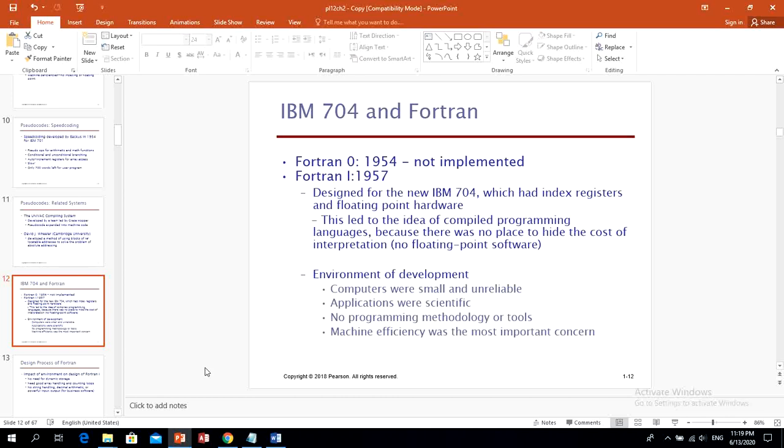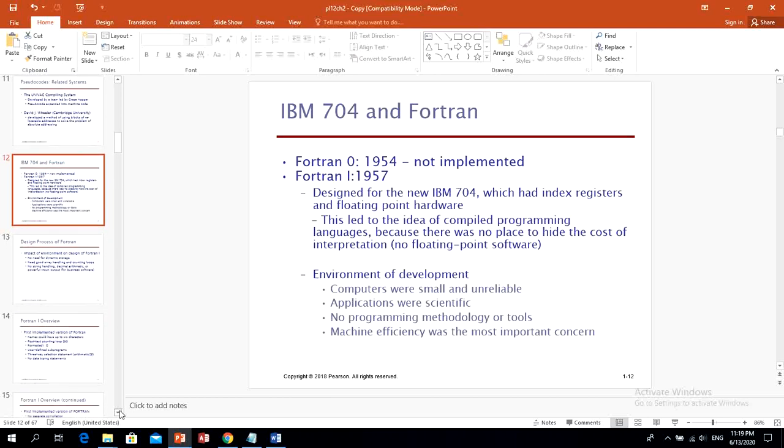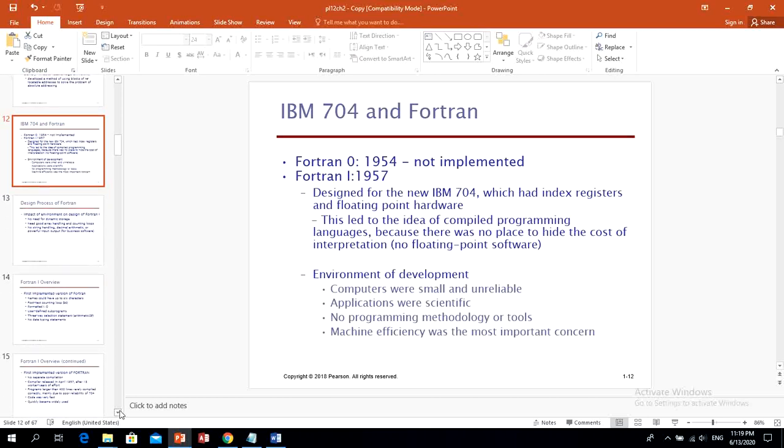Not like now, where people don't really focus on machine efficiency, because machines are efficient anyway, and memories are big, with big hard disk space, and so on.